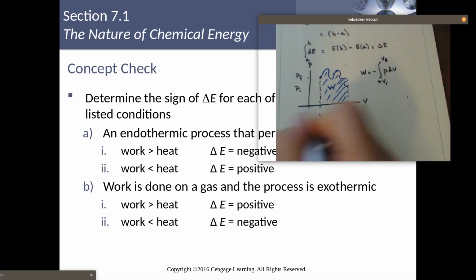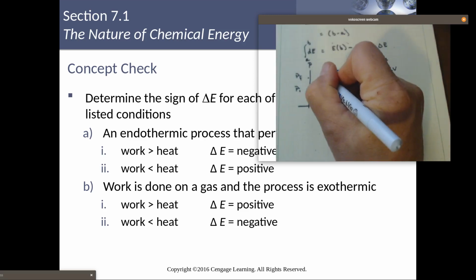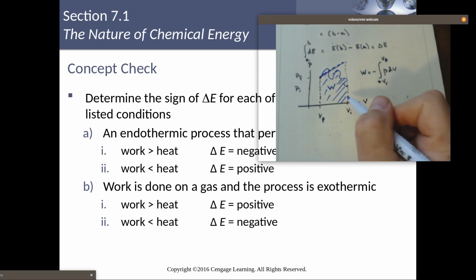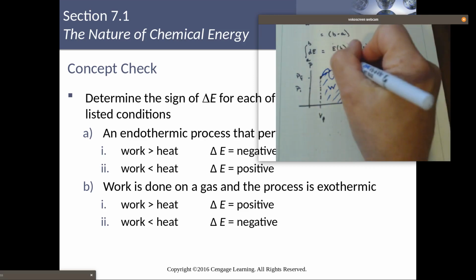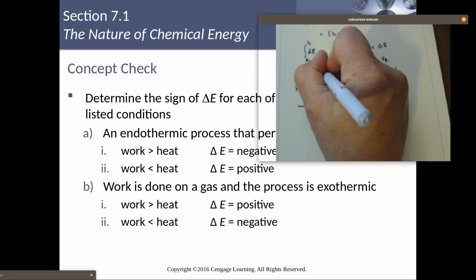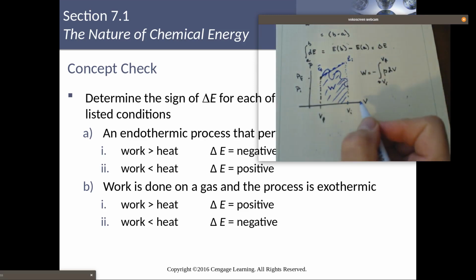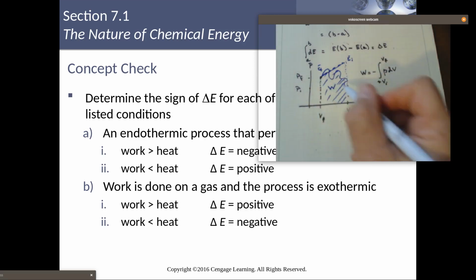Now, I get a different answer if I decide, well, let's increase the pressure and then decrease the pressure. I can take different thermodynamic paths that take me from one volume to the final volume, one pressure to the final pressure. The energy change to some final energy only depends upon those two endpoints, but the amount of work that I did, and consequently the amount of heat that I had to add or remove from the system, depends upon this particular crazy convoluted path that I choose to take.